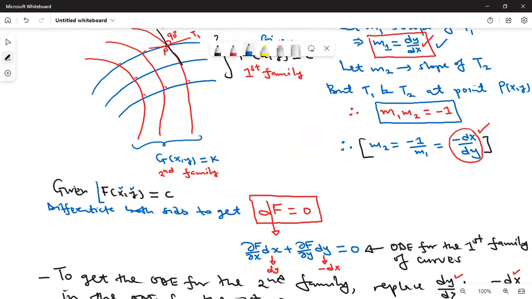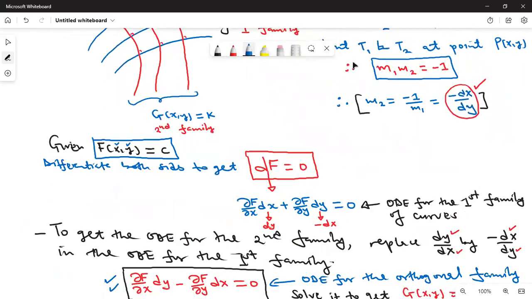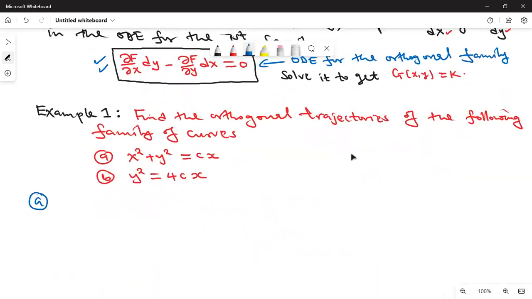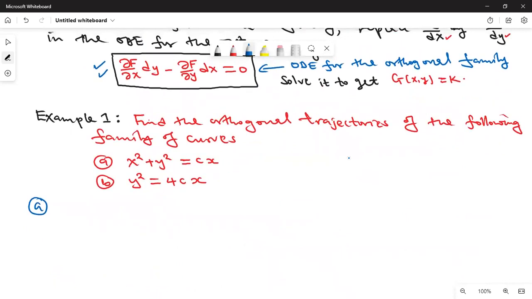So you have to make C the subject. F must be equal to a constant C. Remember we are given x squared plus y squared is equal to C times x.